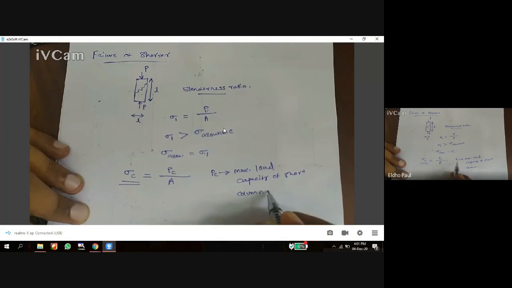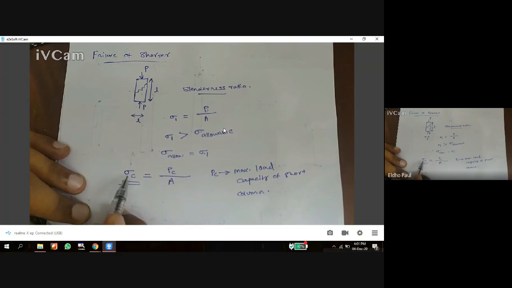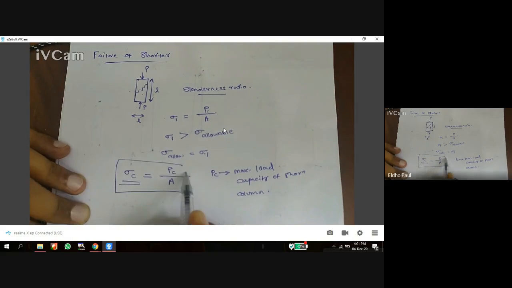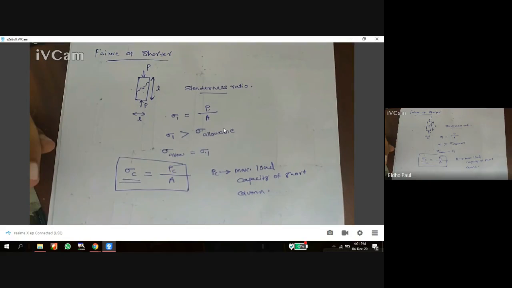If we increase the load greater than PC, sigma C will be greater than sigma allowable, and the column starts to fail by crushing. So we have to design a short column based on the simple stress equation.